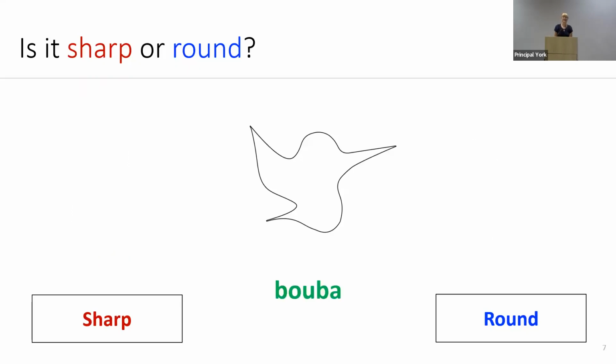And now let's say I give it a label. Let's say I call it a Boba, so it has phonemes that we know are linked to roundness. Then perhaps this nudge could be what pushes you to say that it's round. Or conversely, if I were to show you that same shape and call it a Kiki, using phonemes we know are linked to sharpness, then perhaps this could break the tie between the two responses and nudge you towards saying it's sharp.